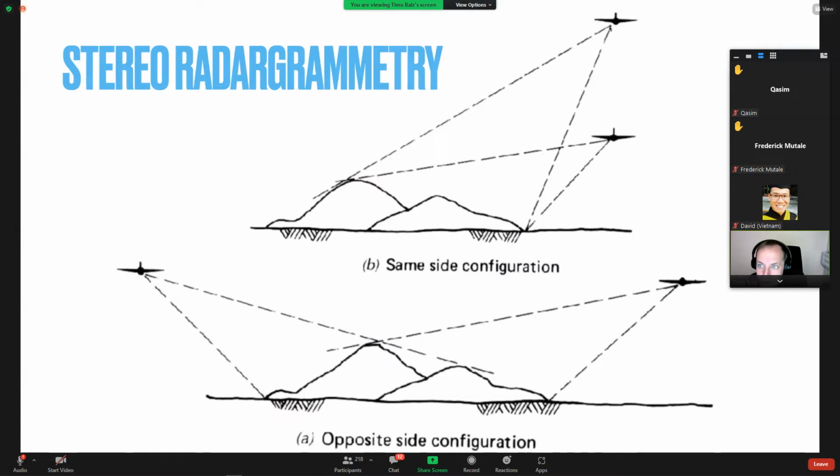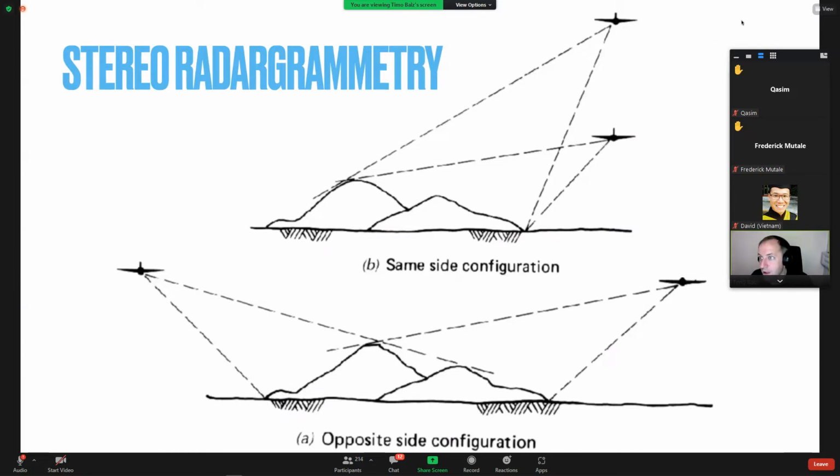So in stereo radargrammetry, in the same side configuration, we're looking from the same side with a certain difference in the incidence angle. And we get a better geometry, that means at the end a better solution of our DEM calculation, if our incidence angle difference is rather large.